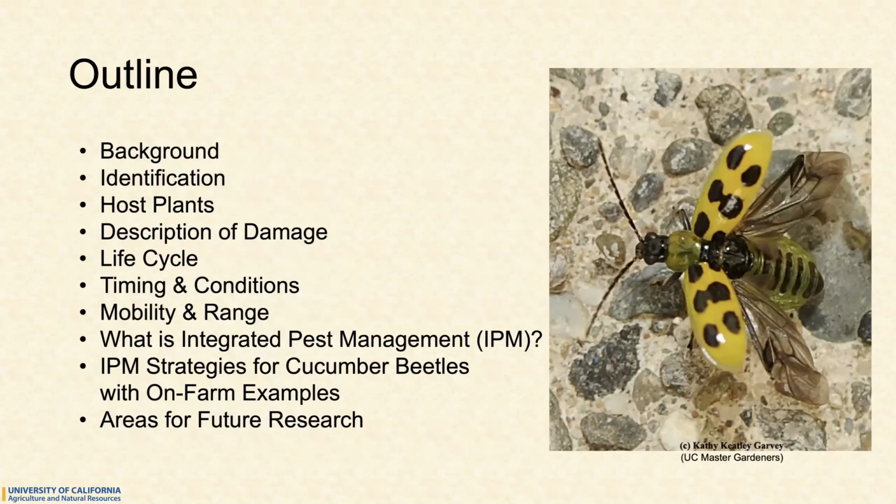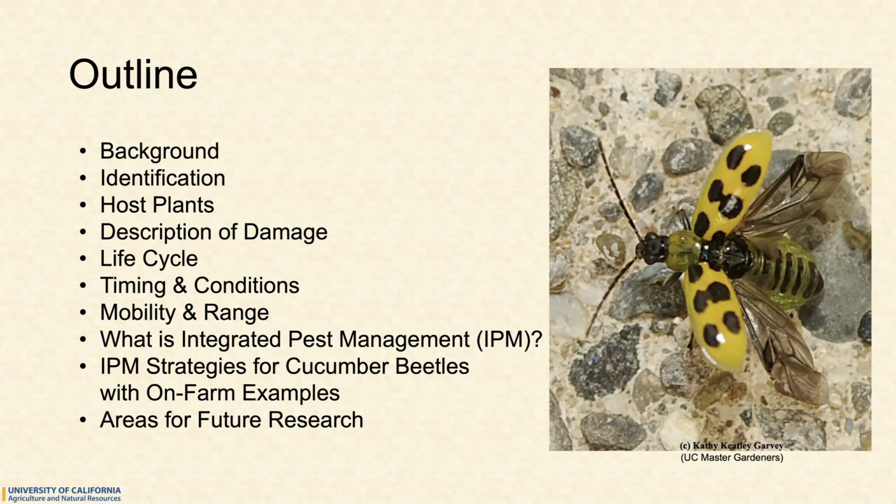So here's a brief outline. I'm going to go over the background of this pest, how you identify cucumber beetles, their host plants, a description of their damage in the field, and then we'll get into their life cycle so you can really understand the biology of this insect pest. We'll talk about timing and conditions and those kinds of environmental considerations that you should know about. And then we'll get into their mobility and their range before we open up this really big topic of integrated pest management.